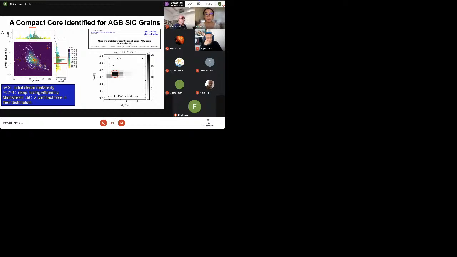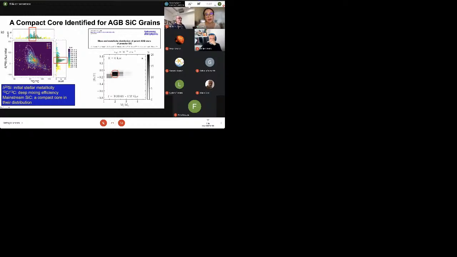The coupled model was then able to calculate the contributions of AGB stars of different masses and metallicities to the silicon carbide reservoir in the solar system at the time of solar system formation. If you're interested in the details, I encourage you to check out the paper, and I'm sure Sergio is happy to take any questions.